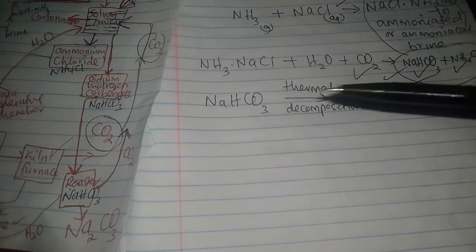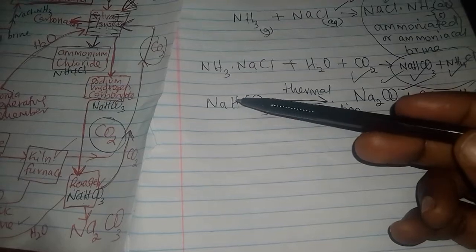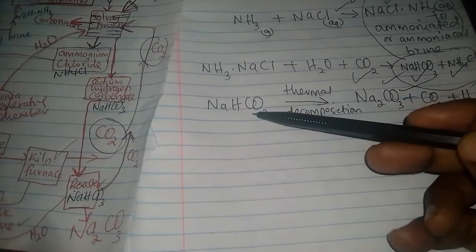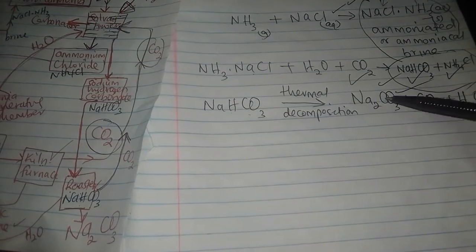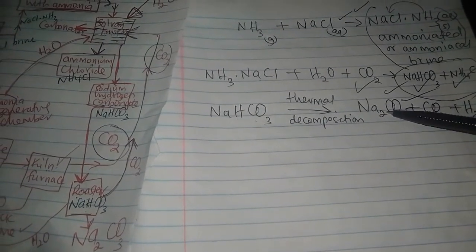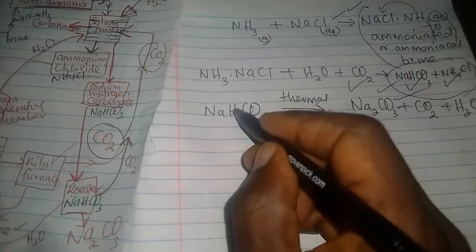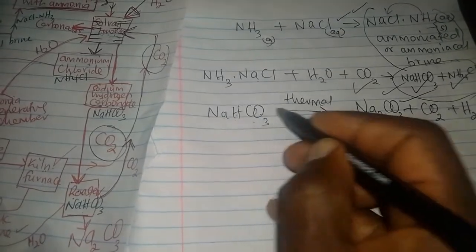Listen very carefully. Metal hydrogen carbonates of group 1 elements are affected by heat, but metal carbonates of group 1 elements are not affected by heat. That is to say, sodium hydrogen carbonate can be affected by heat to form sodium carbonate, carbon dioxide and water.